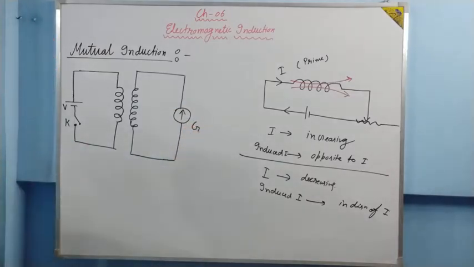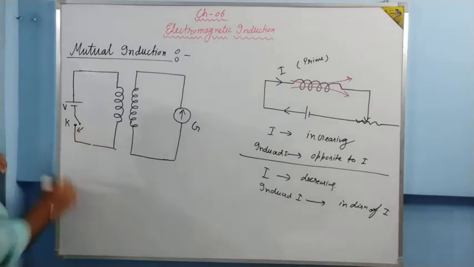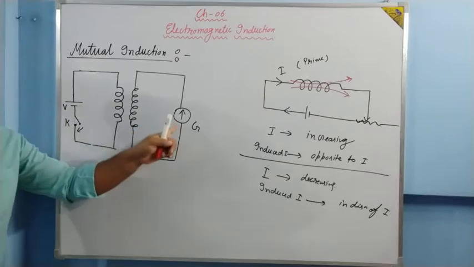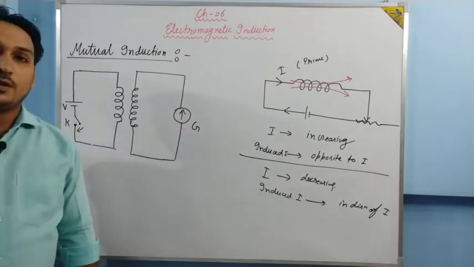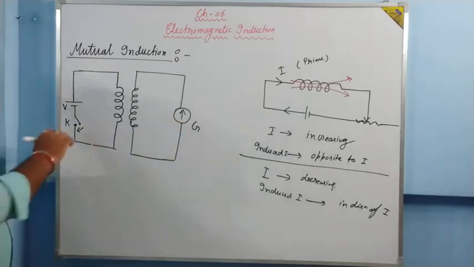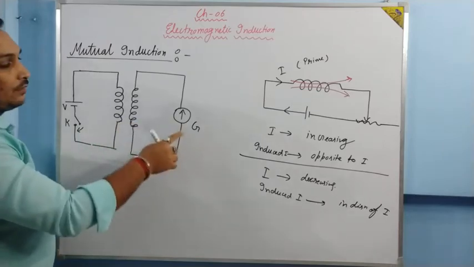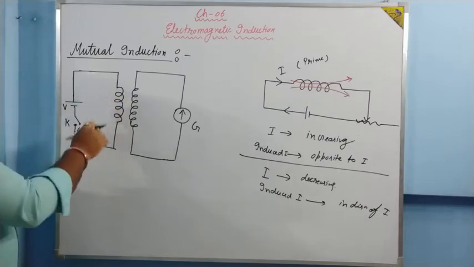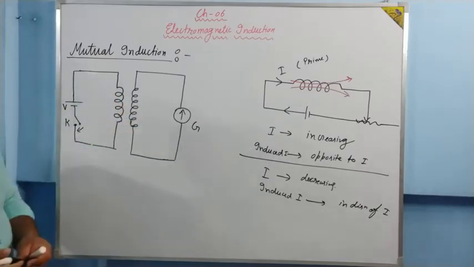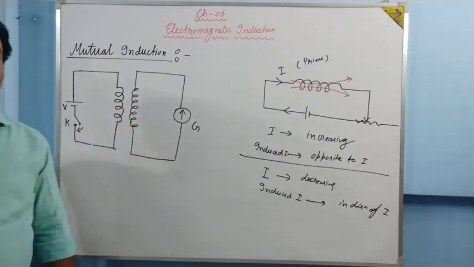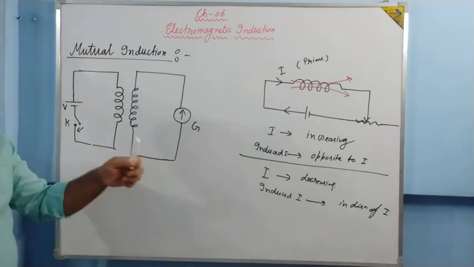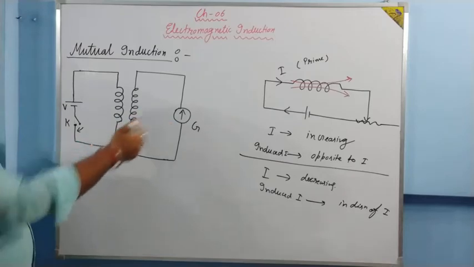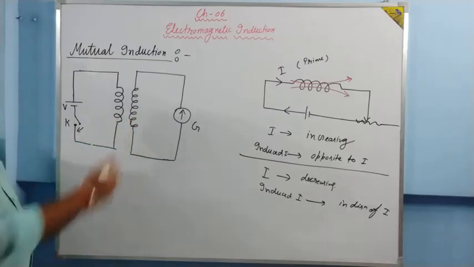What we see, if we just switch on this circuit, there is a momentary deflection in the galvanometer, and then after that the galvanometer deflection becomes zero.